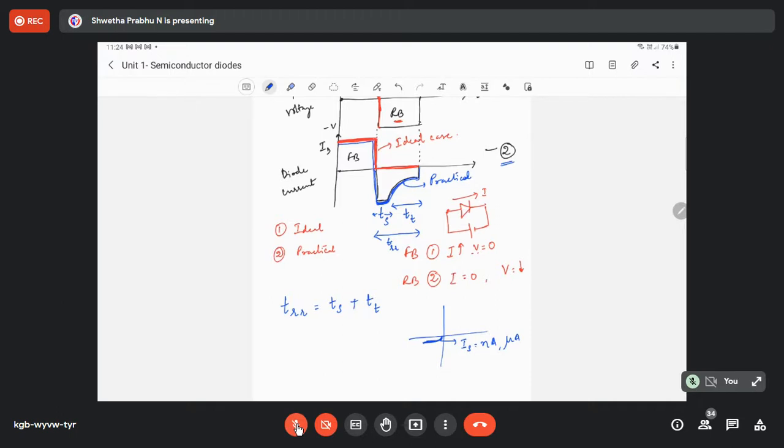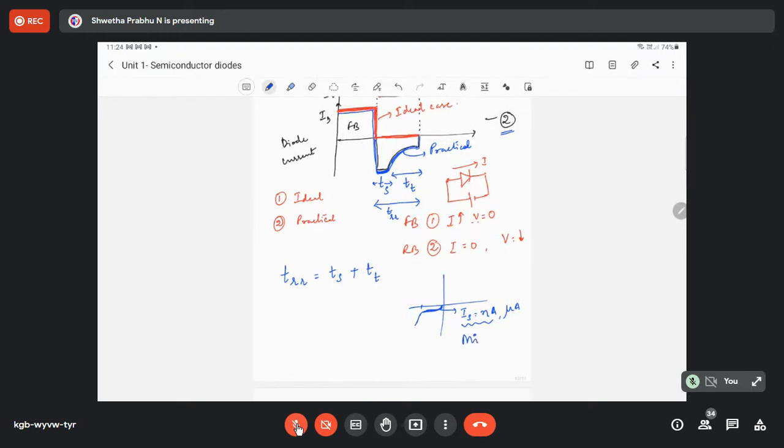This small value of current is due to minority charge carriers, and once it crosses breakdown, it goes to the breakdown state. Always make sure that this reverse saturation current is due to minority charge carriers.